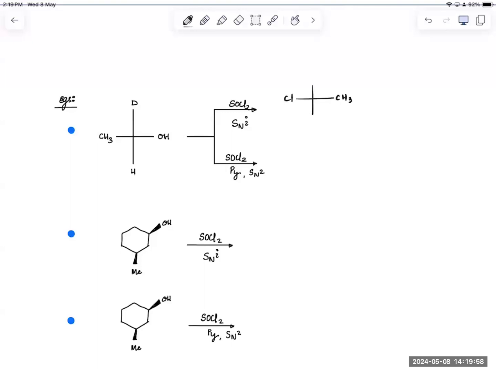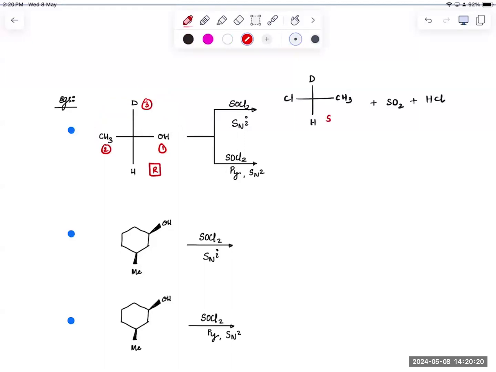We'll have CH3 here, D here, and H here, plus SO2 plus HCl. That should be the product. So you can notice the configuration here: 1, 2, 3, priority-wise going clockwise, which means it is R configured. Originally it was R configured.